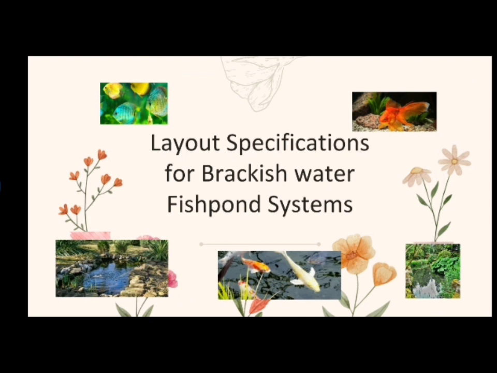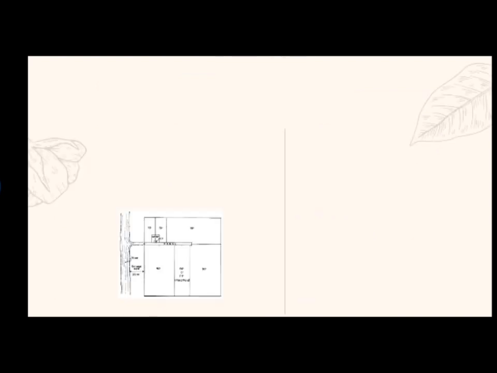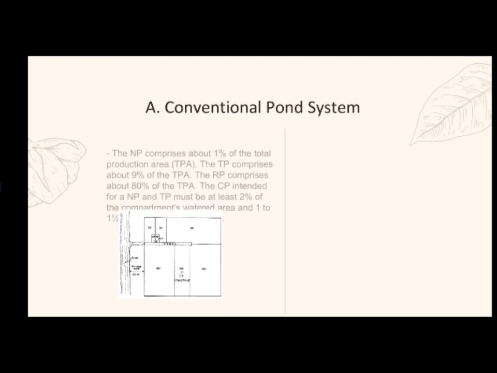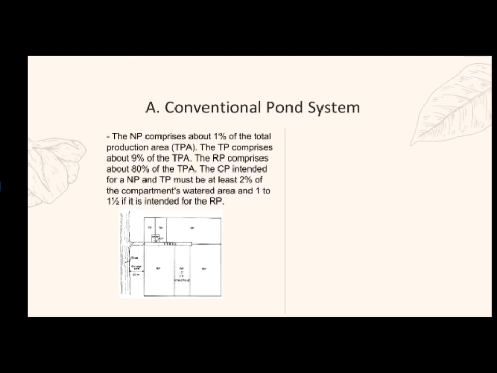Layout specification for brackish water fish pond systems. So, the first one is the conventional pond system. The nursery pond comprises about 1% of the total production area, or TPA. The transition pond comprises about 9% of the total production area.